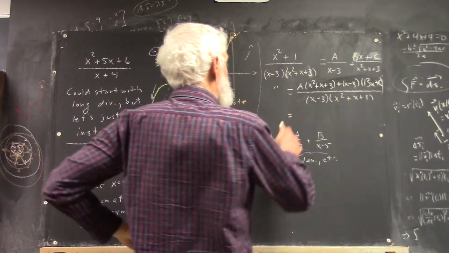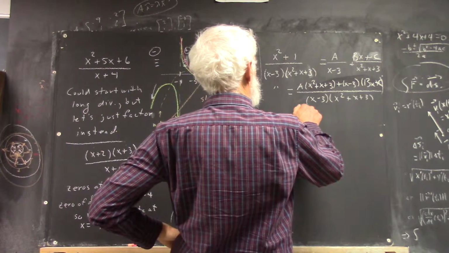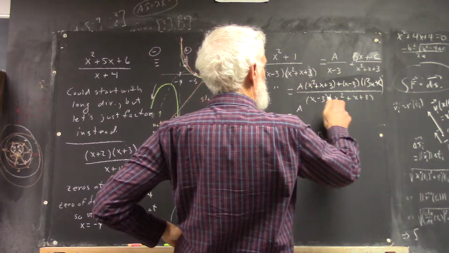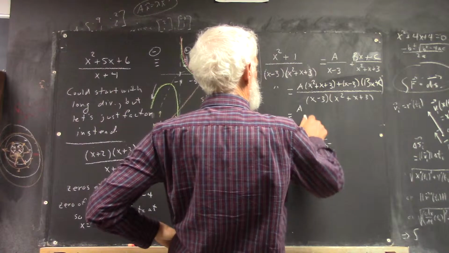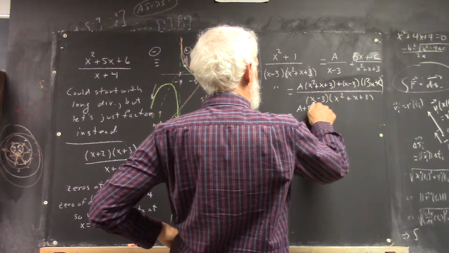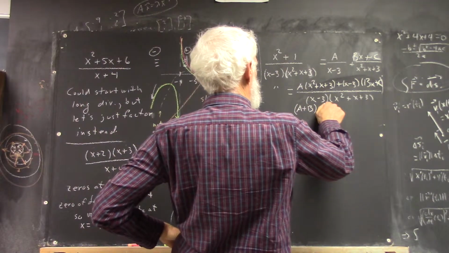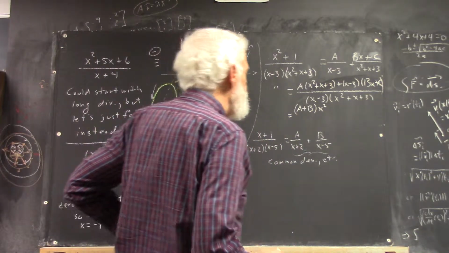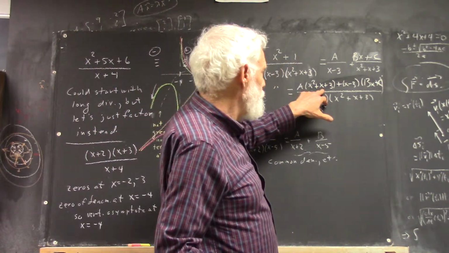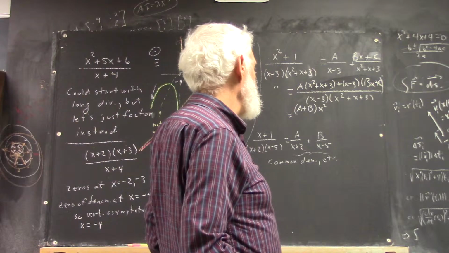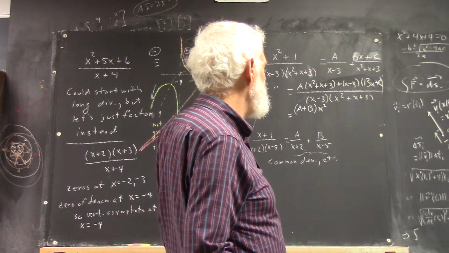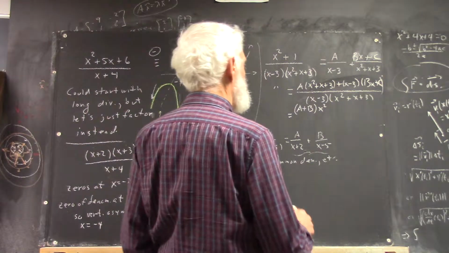Okay? So we're going to have ax squared. We're also going to have a bx squared. And we're going to have an ax here, and we're going to have a negative 3b plus cx.